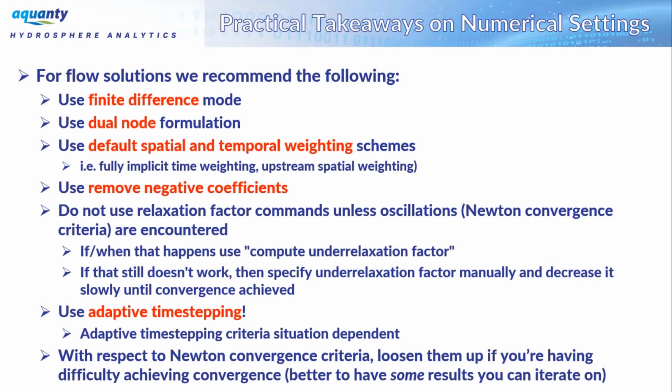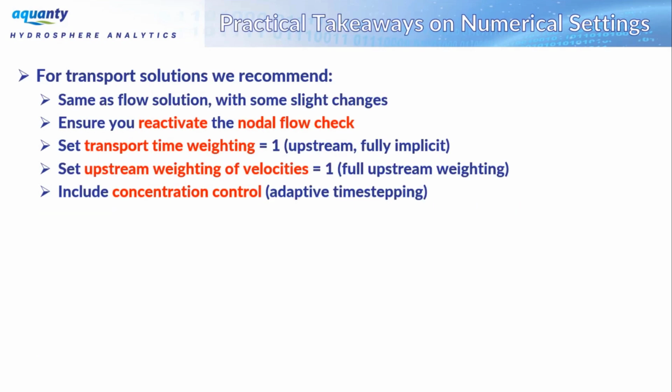We recommend always using adaptive time stepping to ensure stability of the solution. And if your model is having trouble getting past a certain point, you can try to loosen the Newton convergence criteria, and then tighten those up later.